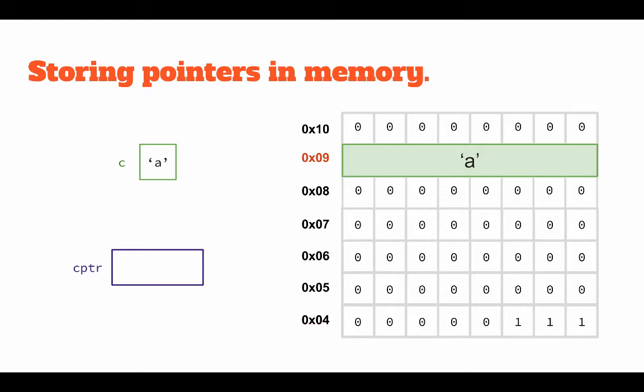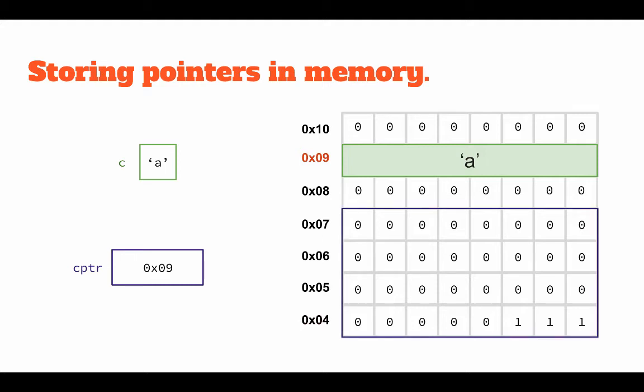Now I'm going to set up a character pointer. So we're going to have a pointer to a character. And if we want this to point to c, then remember, our pointer variable is going to store the address of c, which in this case happens to be 0x09.